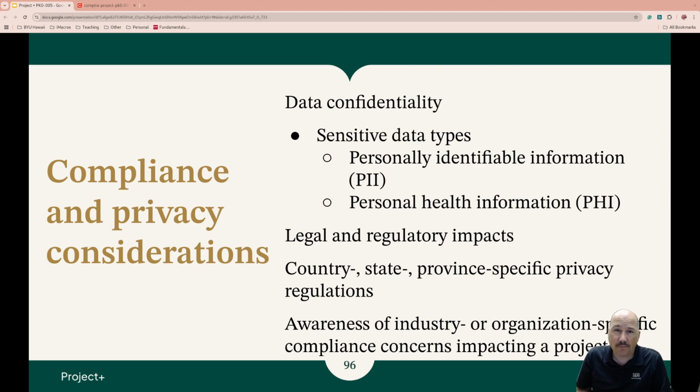Even sharing data within a project, if you're dealing with data that's from, for example, Europe, then the Global Data Protection GDPR rights come into play. That means that you can only use the data the way that you said you were going to use it. So make sure that your new project does not run afoul of that.